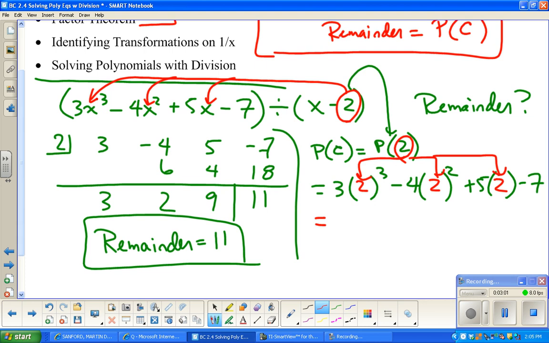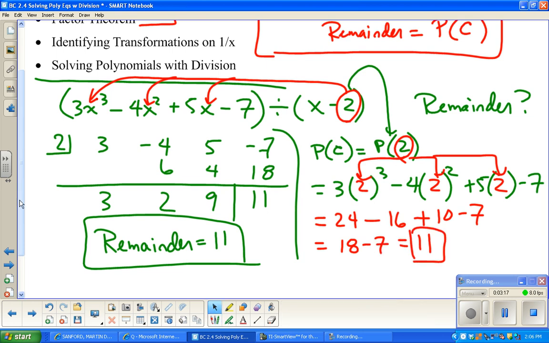Well, 2 to the third is 8, times 3 is 24. 2 squared is 4, times 4 is 16, plus 10 minus 7. So this is 18 minus 7, which is 11. And shockingly enough, this is what we got for remainder here. According to the remainder theorem, this should be the same thing, and lo and behold, it is.